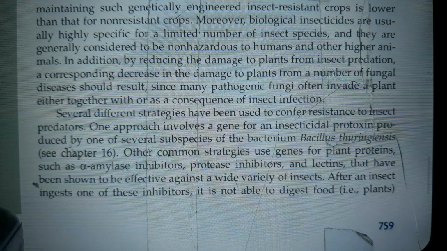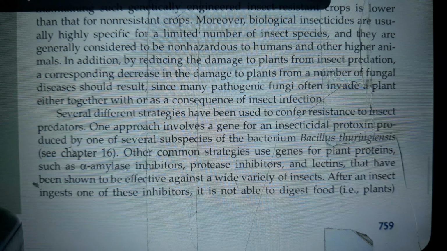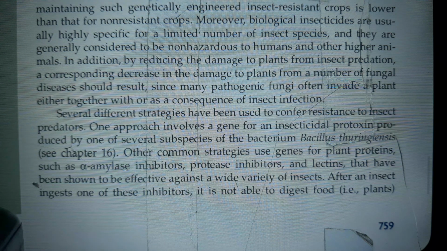Several different strategies have been used to confer resistance to insect predators. One approach involves a gene for an insecticidal protoxin produced by one of several subspecies of the bacterium Bacillus thuringiensis, as seen in chapter 16. Other common strategies use genes for plant proteins such as alpha amylase inhibitors, protease inhibitors, and lectins that have been shown to be effective against a wide variety of insects.